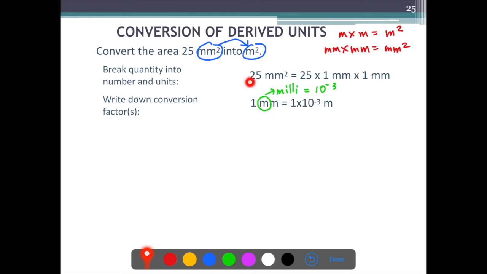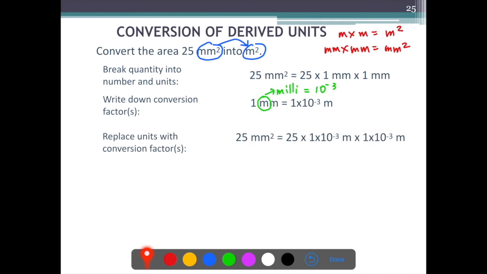And then you go back to your quantity and its units and replace the units that you don't want with the units that you want using the conversion factor. So 1 millimeter is equal to 1 times 10 to the minus 3 meters, so you replace that here. And you have to do that twice because you have millimeters squared.